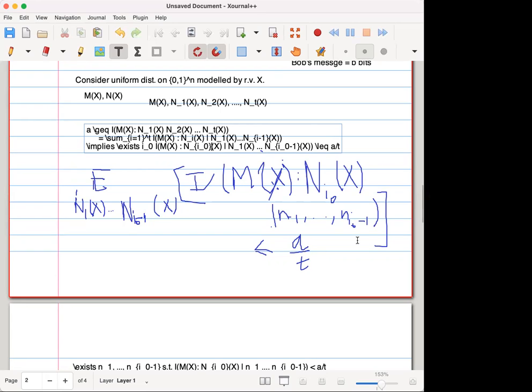Okay. So what does this mean? This means that there is a setting of bit strings for the first i0 minus 1 messages such that now I look at the resulting probability distribution.